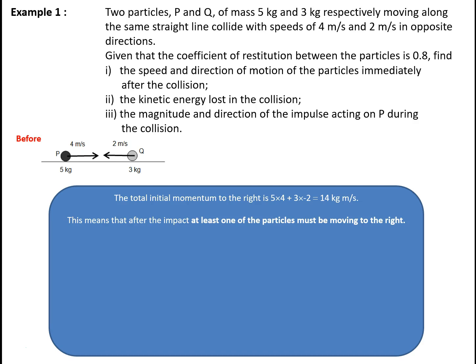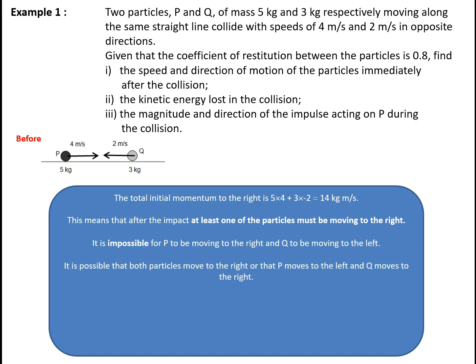It's impossible for P to be moving to the right and Q to be moving to the left, because that would mean P actually physically passed through Q, which is impossible. So we've got the options that either both particles move to the right, or that P moves to the left and Q moves to the right.